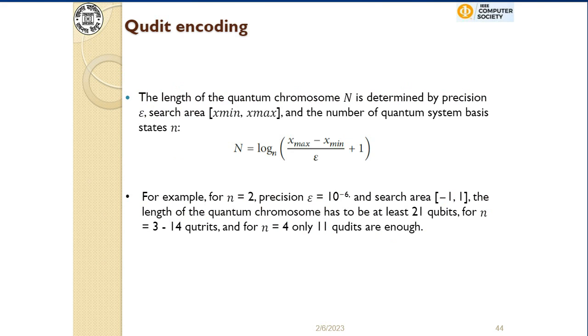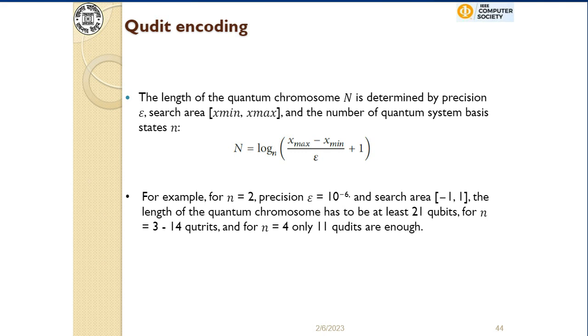Now the interesting thing is how the qudit is helping you to achieve more efficiency. For example, if you have a quantum system and you have designed a quantum chromosome, guided by the precision epsilon and search area x min and x max, similar to encoding any chromosome for a particular problem in a genetic algorithm, you require to give the precision and the minimum and maximum values. So the number of quantum system bases is given by this expression.